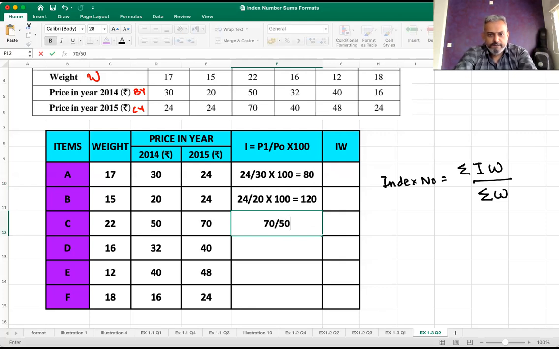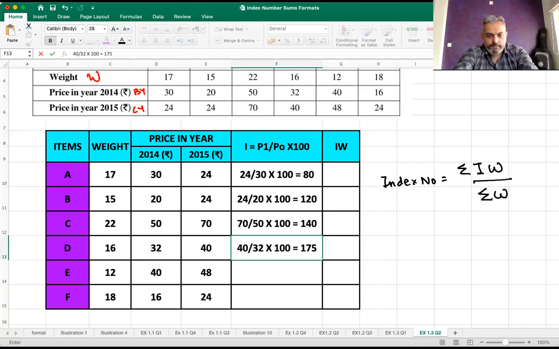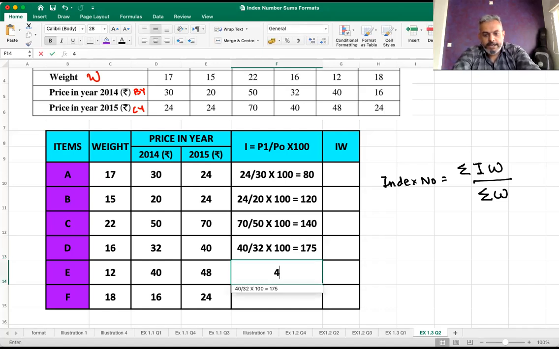70 divided by 50 into 100 is equal to 140. 40 divided by 32 into 100 is equal to 175. 48 divided by 40 into 100 is equal to 120.